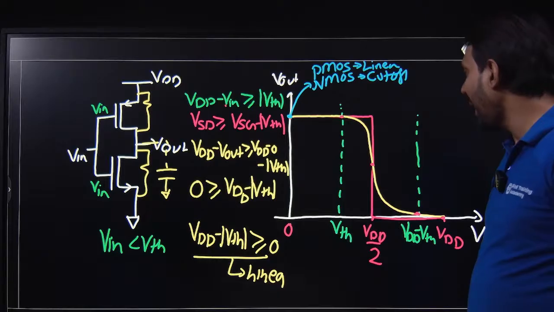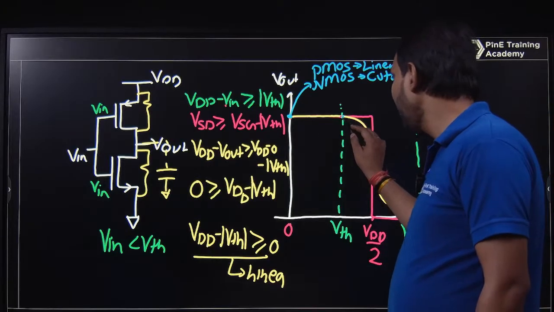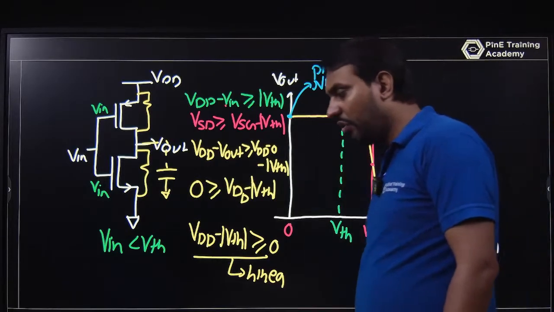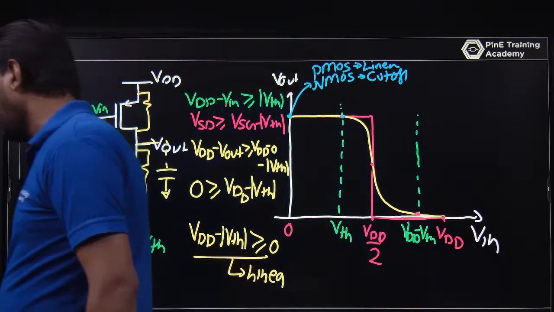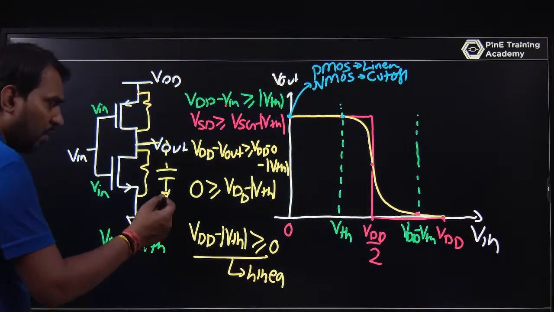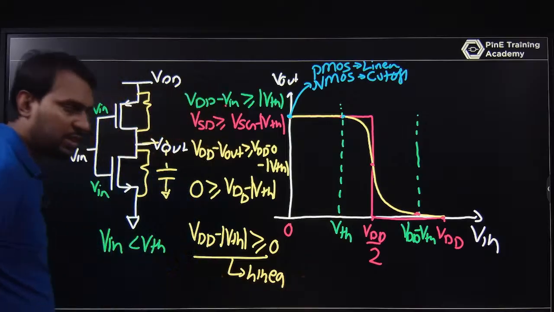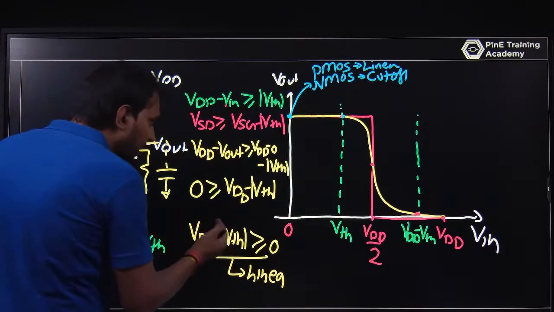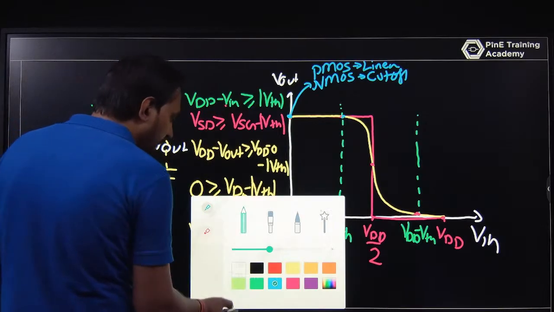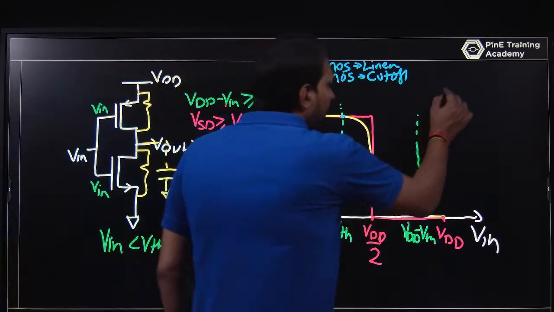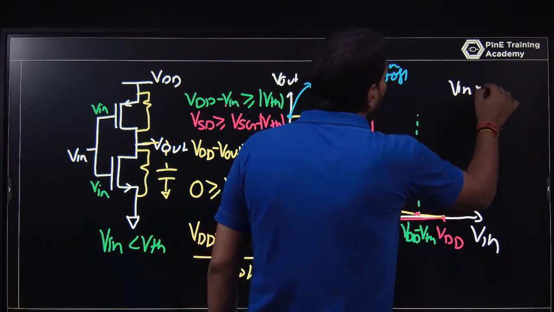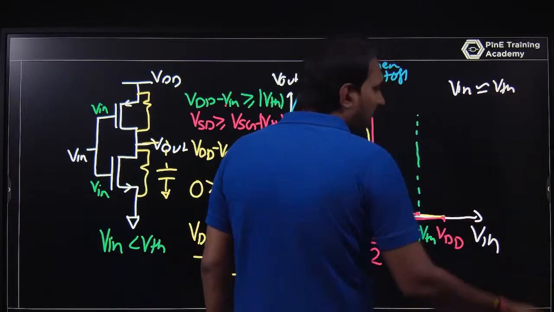Let's talk about the point of VTH. If you are looking at this region, the NMOS is nearly at VTH, the input voltage is near VTH. What is happening if the input voltage is near VTH or slightly greater than that?